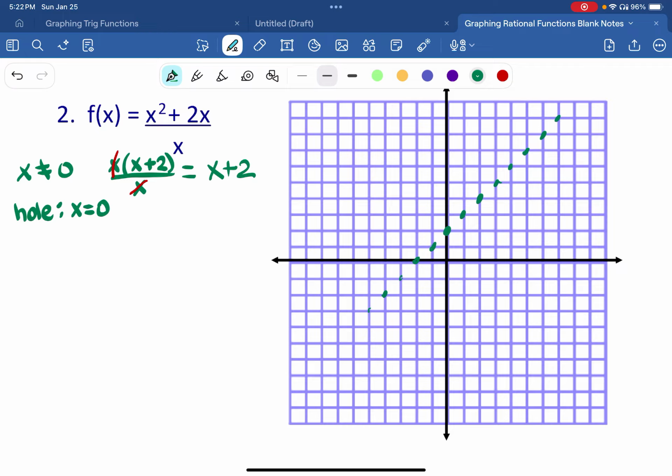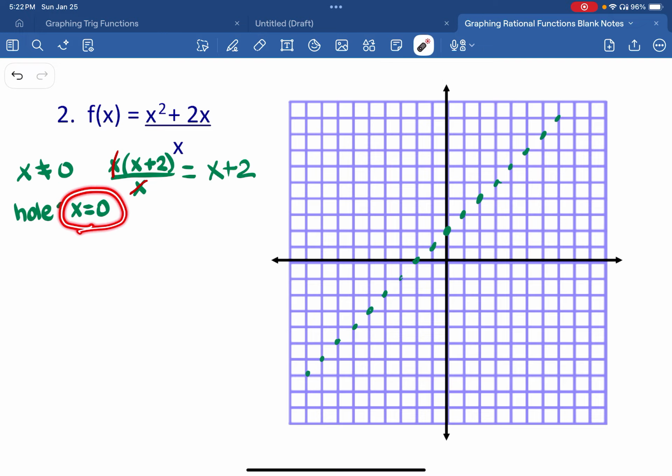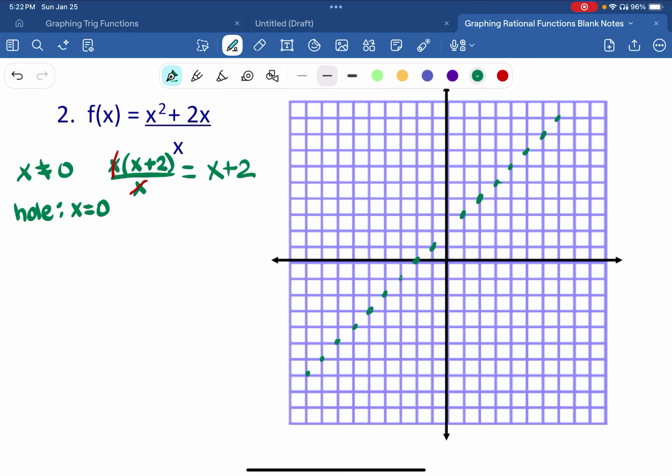So this is the line x plus 2. And then after that, I'm going to say, okay, I have a hole where x equals 0. So I'm going to come back over to my graph, and where x is 0, I'm going to erase that spot, and I'm going to put an open circle, put a hole. And then I'm going to graph the rest of it, okay, just like this.